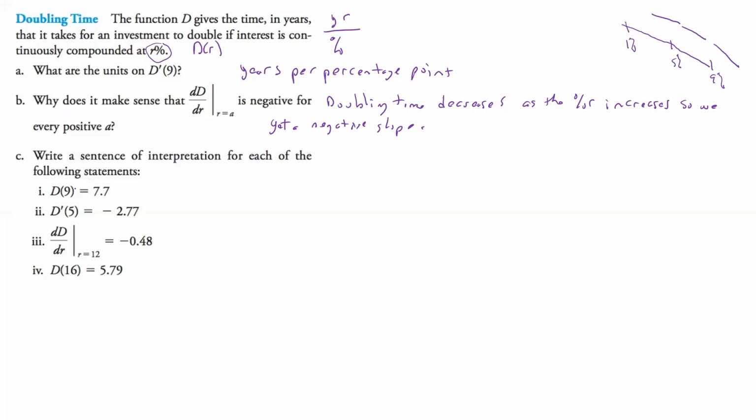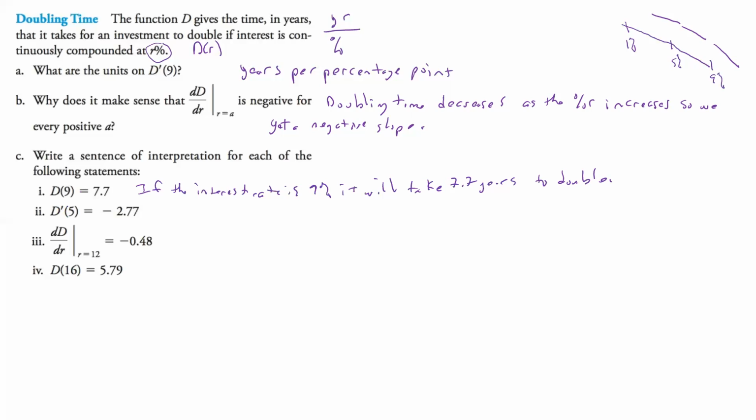So what we have here is if we have a 9% interest rate compounded continuously, then an investment is going to take 7.7 years to double.